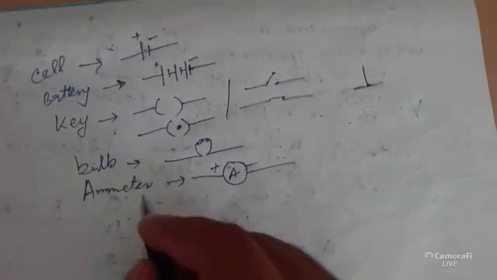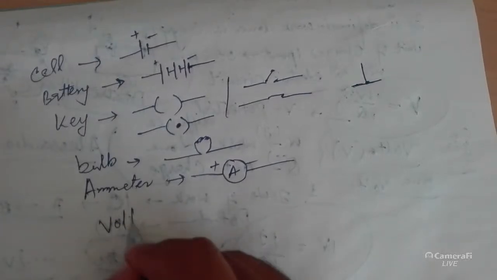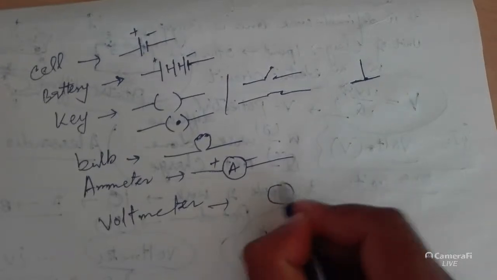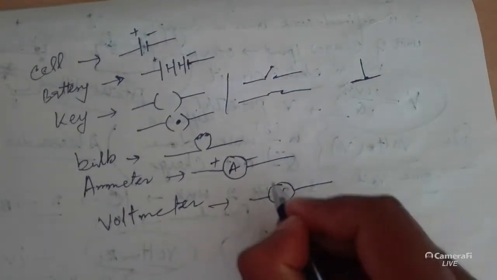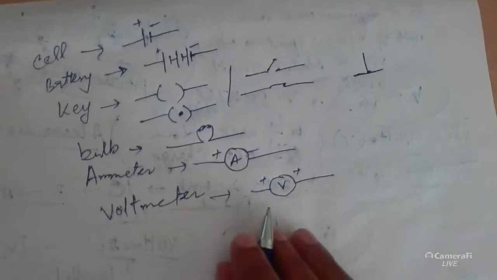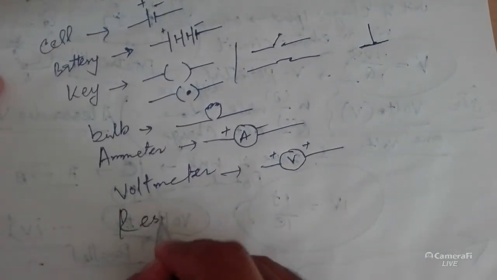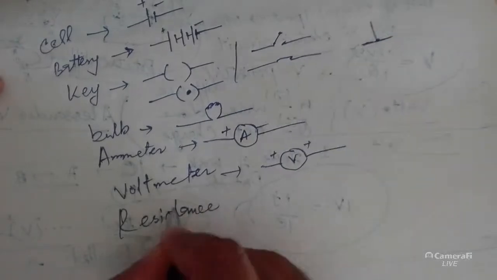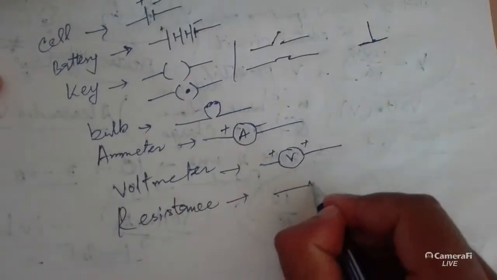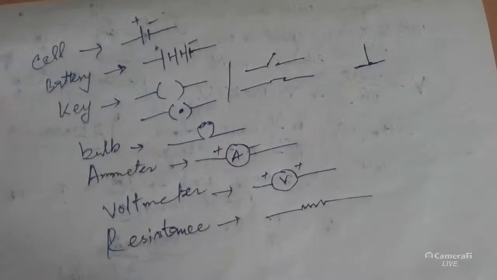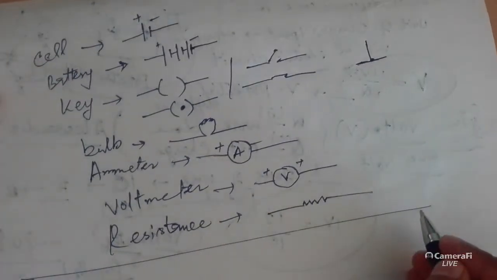Then the voltmeter is denoted by the symbol V with positive and negative on both sides. Then finally, resistance, which we talked about, is denoted by the symbol like this. Then we have one more, the rheostat or variable resistance, that we will discuss.